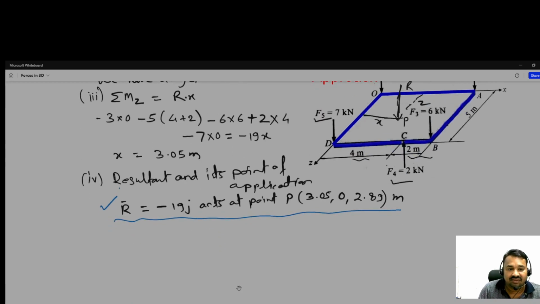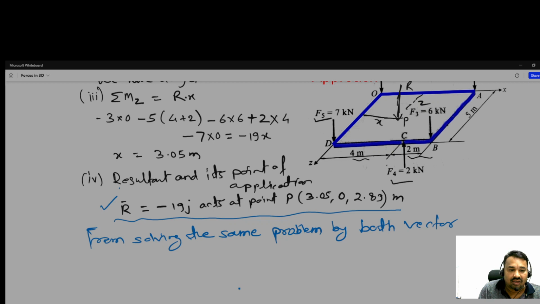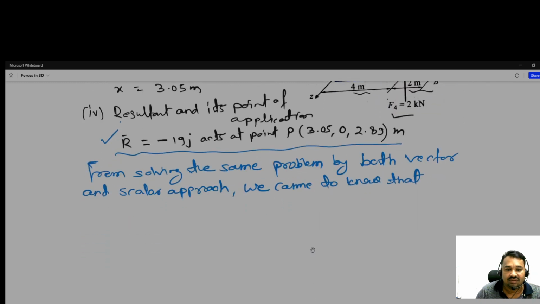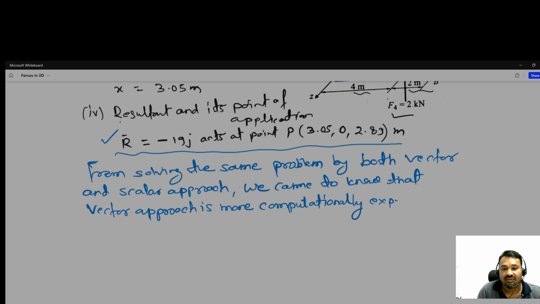From solving the same problem by both vector and scalar approaches, we came to know that the vector approach is more computationally expensive, meaning more calculations are required, and more calculations means more time.